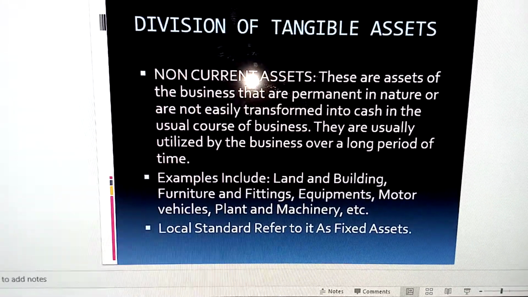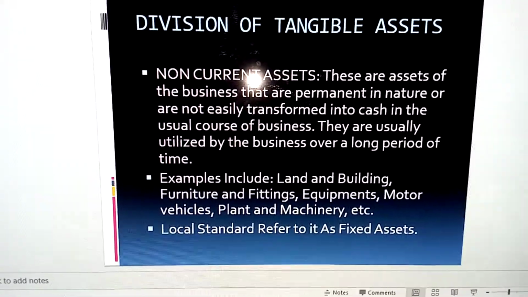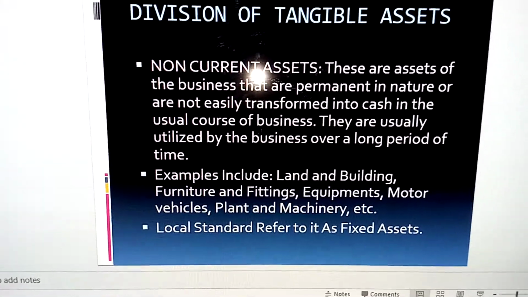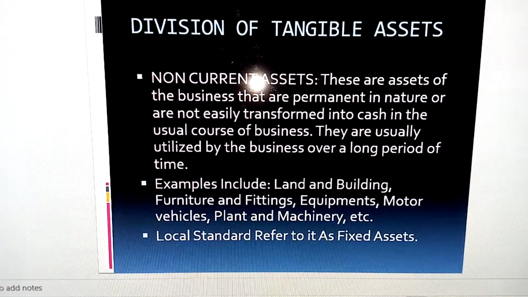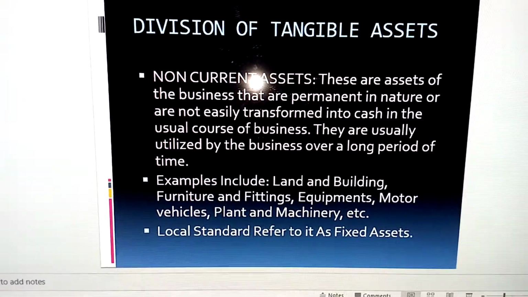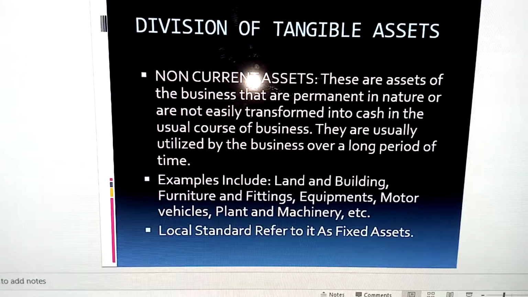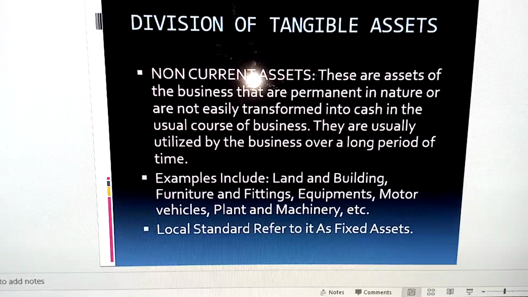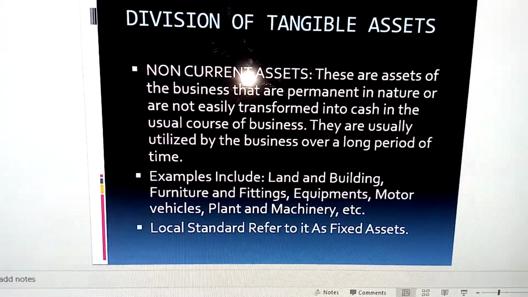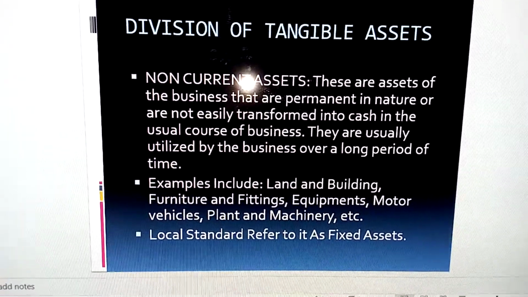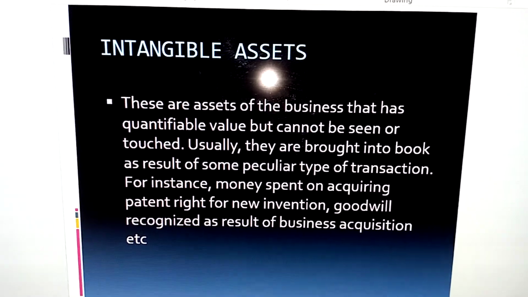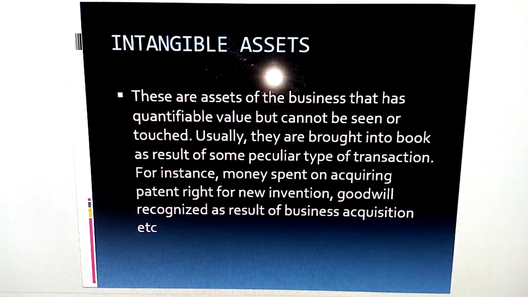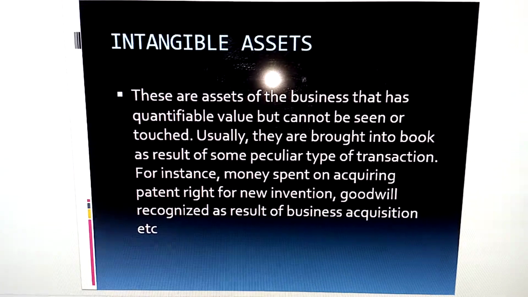Usually, it is referred to as fixed assets by our local standard. But after the adjustment of the standards, that's not a topic for today, fixed assets are now commonly referred to as non-current assets. Now, recall we classified assets as tangible and intangible.